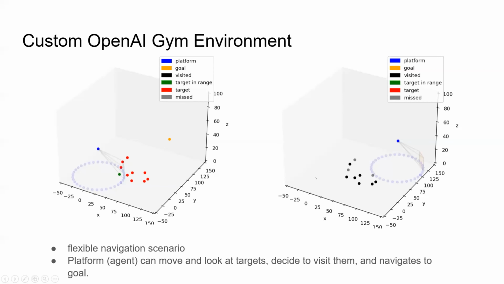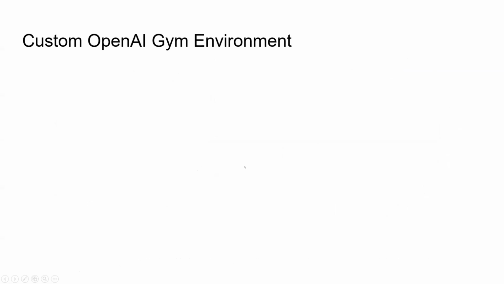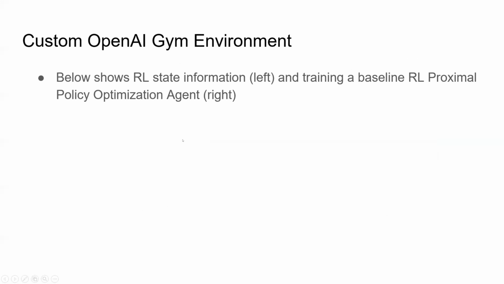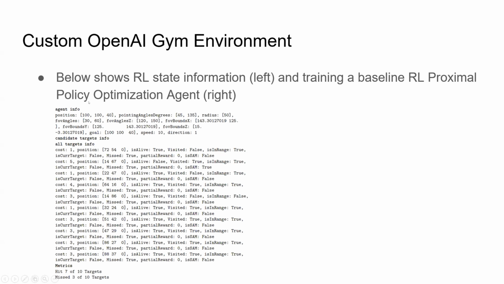This was run using a greedy approach, and then I'll show you here what information is packed into that observation state that he can see once we train our model. So the agent knows his position in XYZ, where he's pointing that basically fake camera in azimuth and elevation.